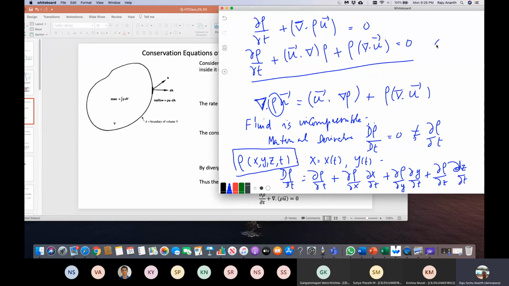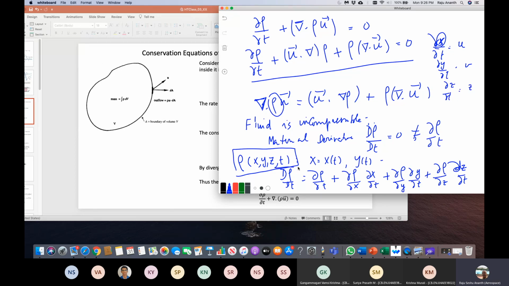What is dx dt in a fluid? I'm observing a particular particle, its x coordinate is continuously changing. What is dx dt? Velocity u. Similarly, dy dt is v, dz dt is w, components, not the vector.